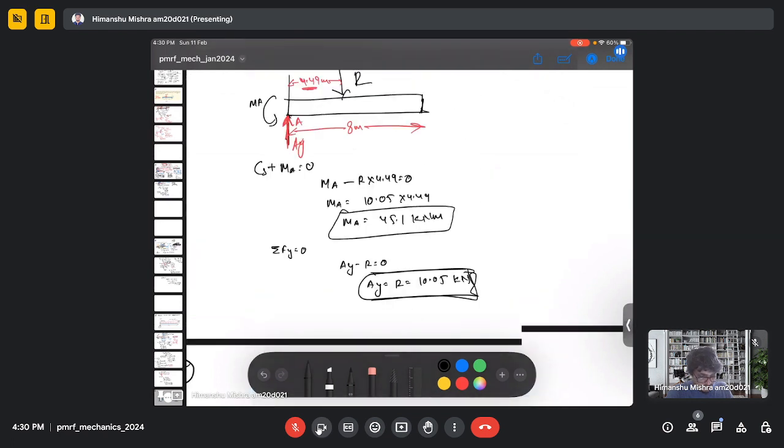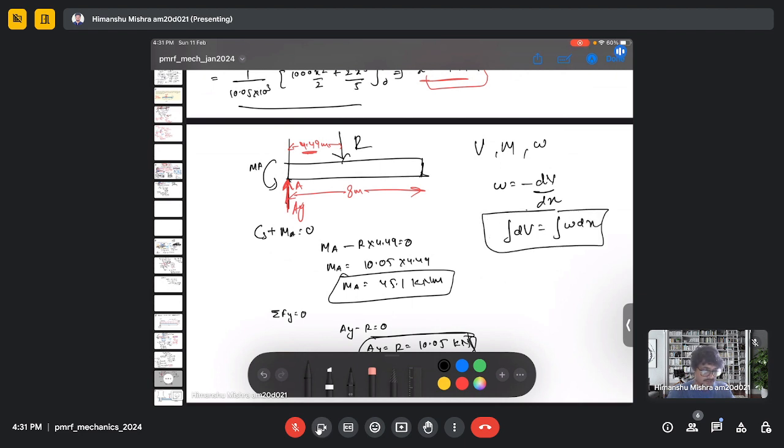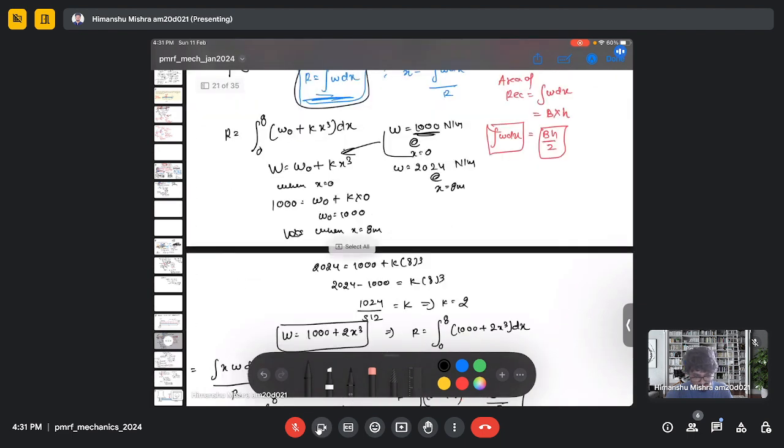So before moving to the new problem, we actually can relate the shear force and the bending moment as well as the force per unit length to each other. So the force per unit length can be given as dV by dx, and from this expression we can write dV equals W dx, which we are already using to find the resultant force.